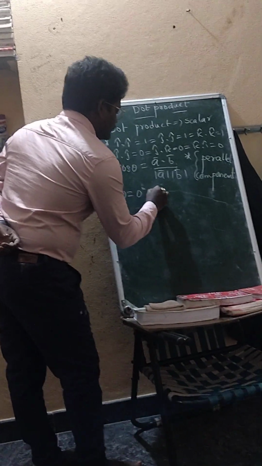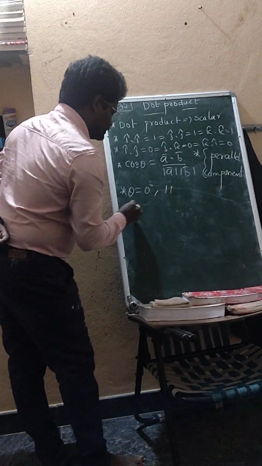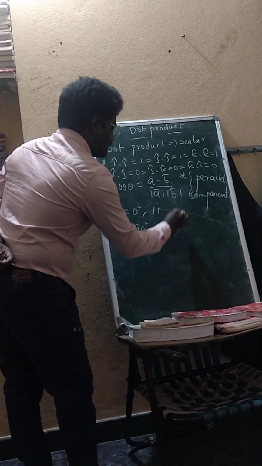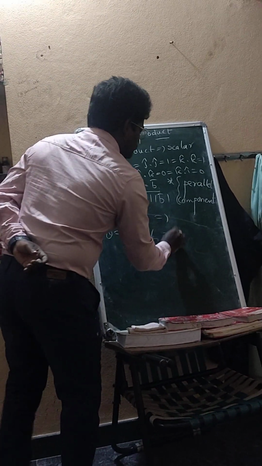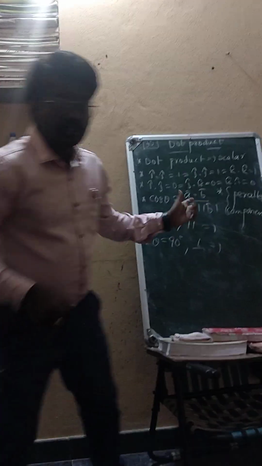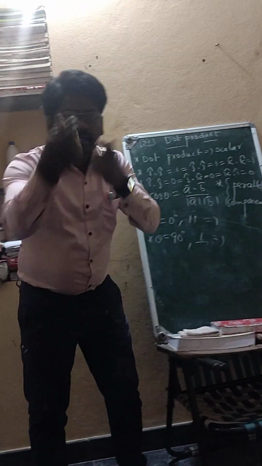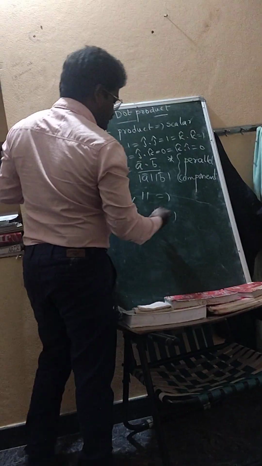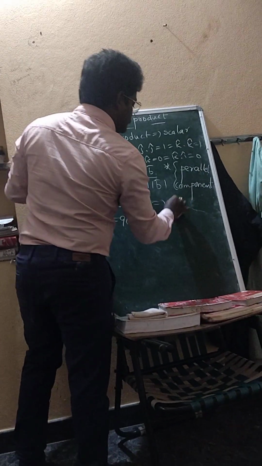Suppose theta equals 0 degrees: that is parallel. 0 means always parallel. And theta equals 90 degrees is perpendicular. Remember that: 0 means parallel, 90 means perpendicular.